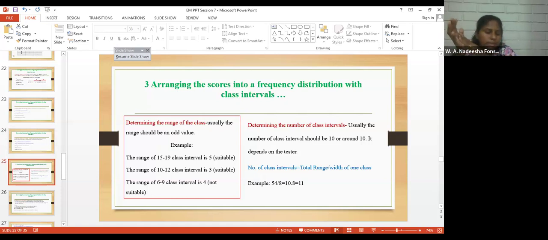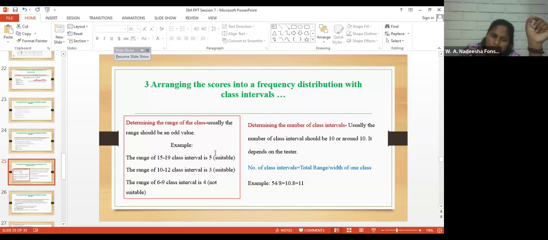When determining the range of the class, in statistics it is usually better to have a range with an odd value. See, if the class interval is 15 to 19, the range is 19 minus 15, 4, 4 plus 1, 5.